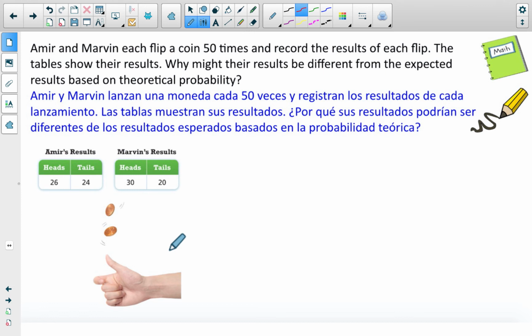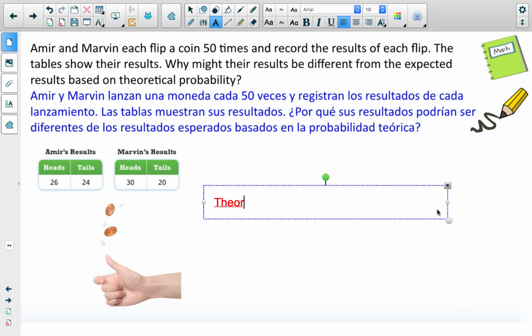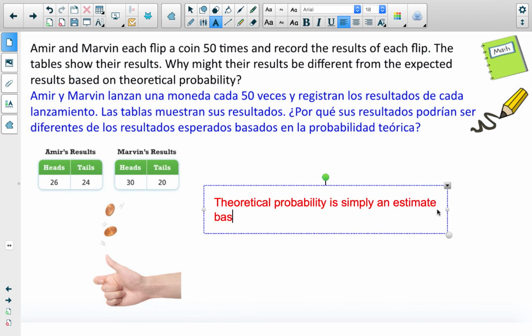Now, the table, they conducted an experiment, so the table shows their actual results. The theoretical probability would be 25 and 25 to get a probability of 50%. Why are the results different from the expected results based on theoretical probability? The reason is theoretical probability is simply an estimate based on the probability given, okay?